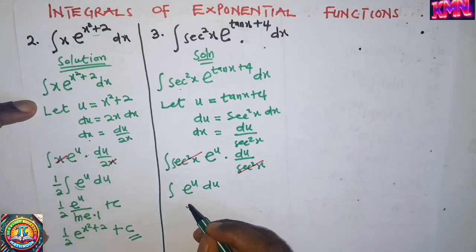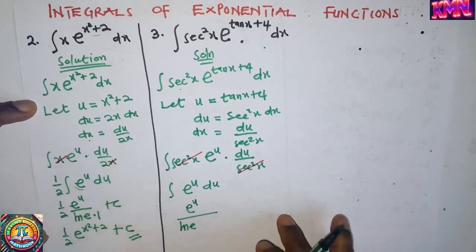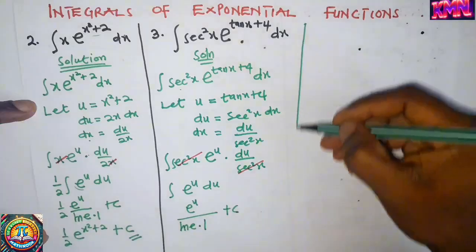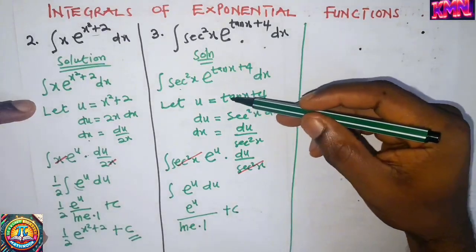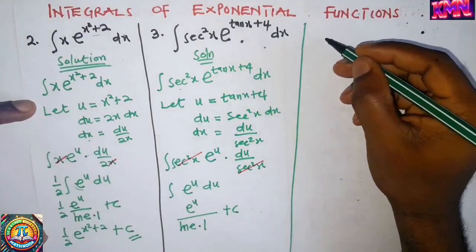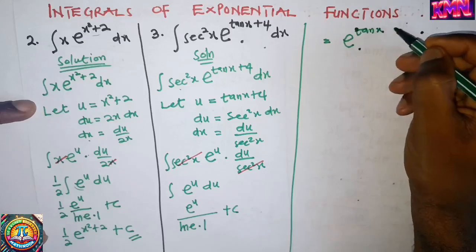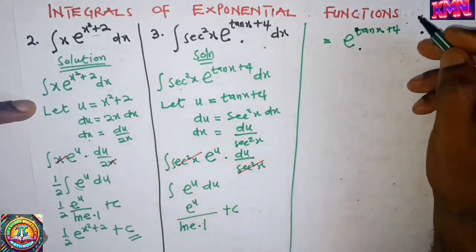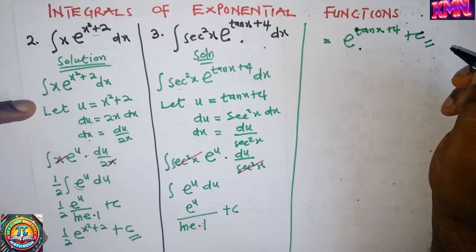Integrating this, we repeat the function, then we divide by ln of the base, then we differentiate the function within function. Here is u, and that will be 1, plus c. But not forgetting, our u is tan x plus 4, so this gives us e^(tan x + 4) on 1 times 1, which is the same thing, plus c, and that will be the solution for this particular problem.